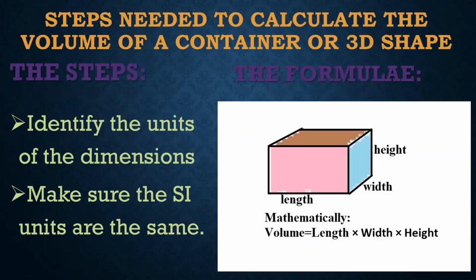Now, steps needed to calculate the volume of a container or 3D shape. Step 1: identify the unit of the dimensions. You make sure that all the measuring units are in the same unit. So the length, the width, and the height must be in the same unit. If they are using centimeters, you make sure all the dimensions of the 3D shape are in the same unit.